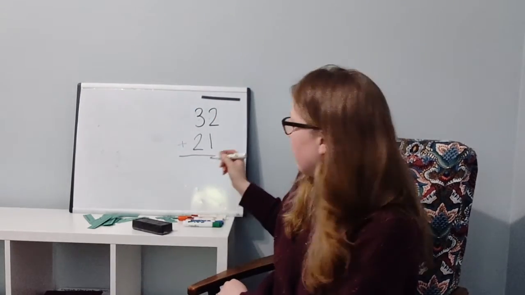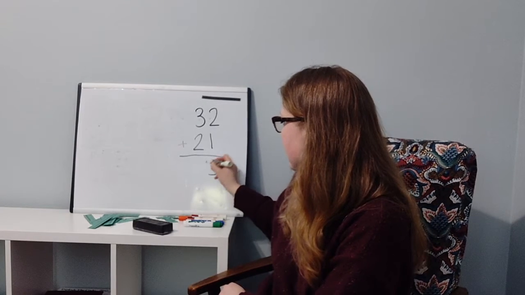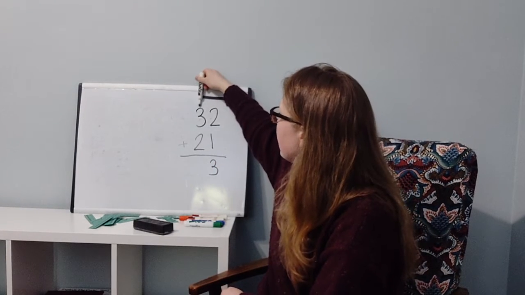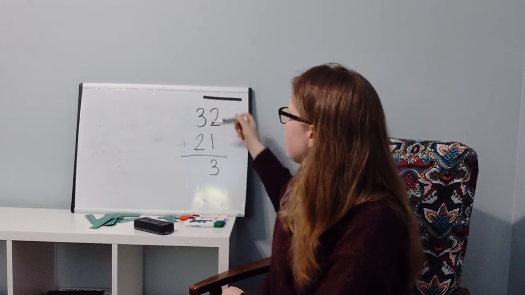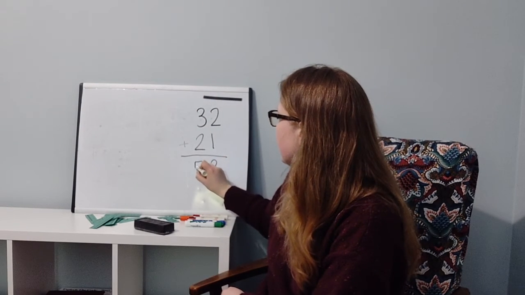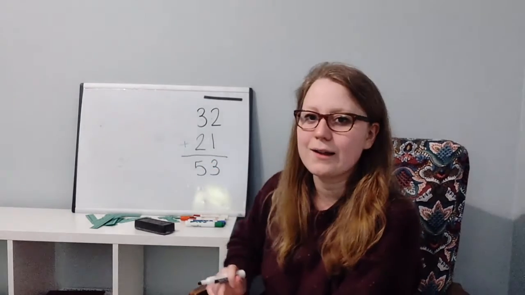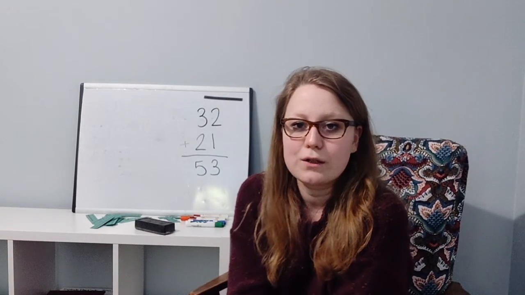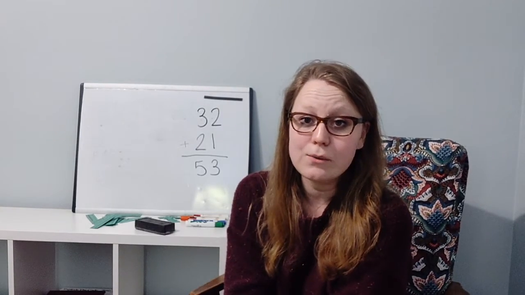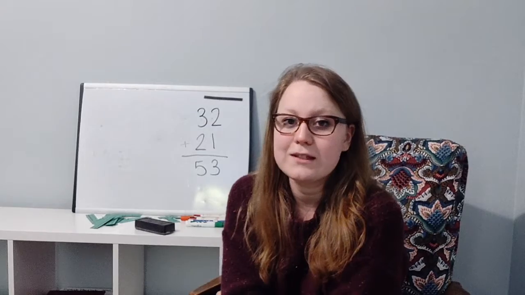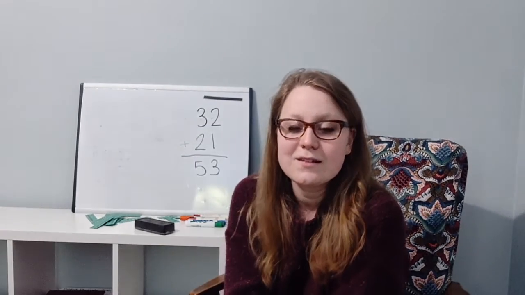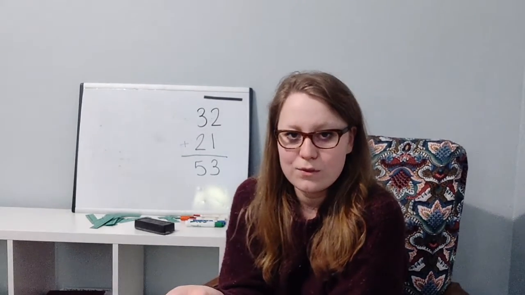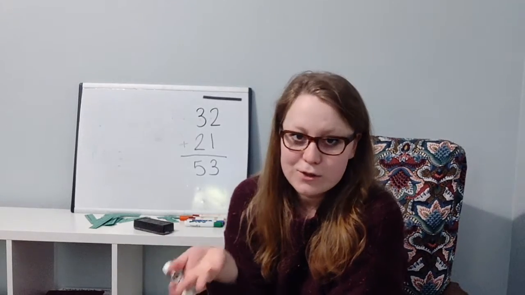We know that 2 plus 1 is 3. The tens column says 3 plus 2. We know that 3 plus 2 is 5. So 32 plus 21 is 53. Sam saw 53 birds in total.